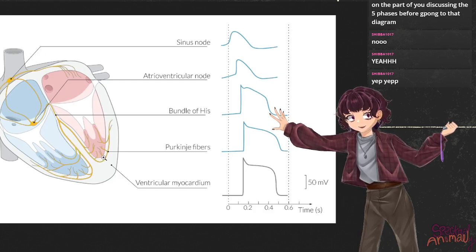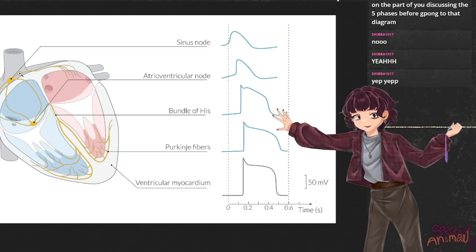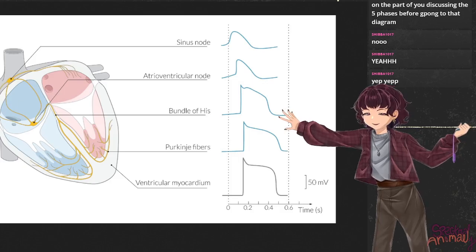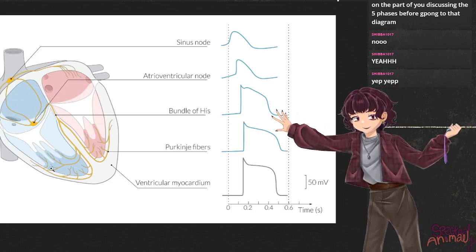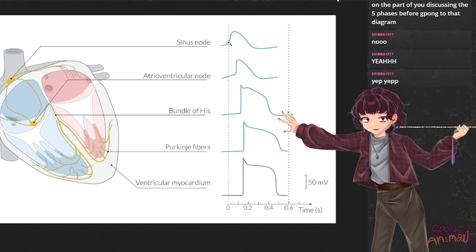Then we hit the Purkinje fibers. This is the ventricular myocardium. So it starts here, goes into the Purkinje fibers, and then it brings a contraction back up. It all starts here, then it goes down, then it goes up. I don't really know how to explain it, but this is basically it.